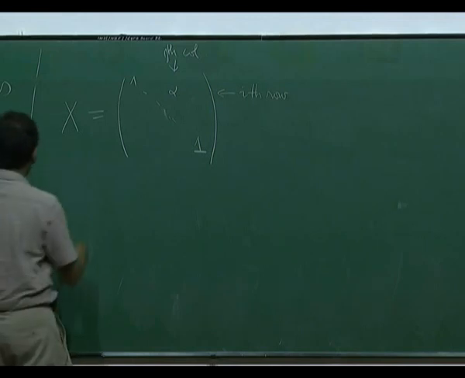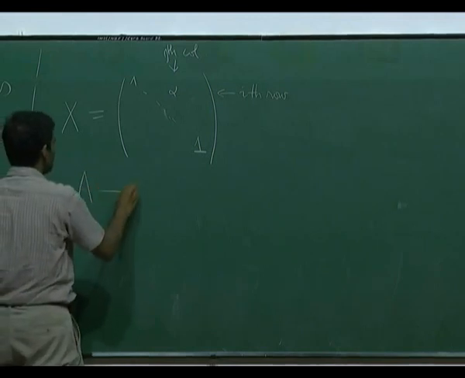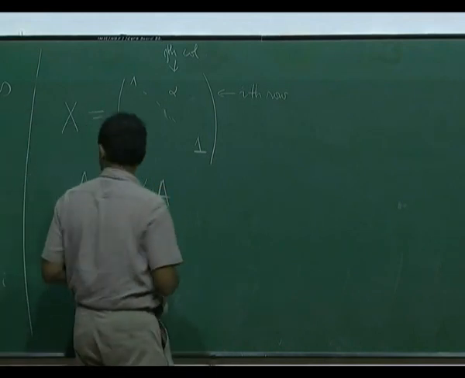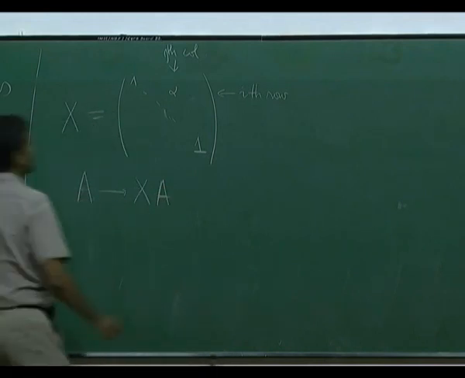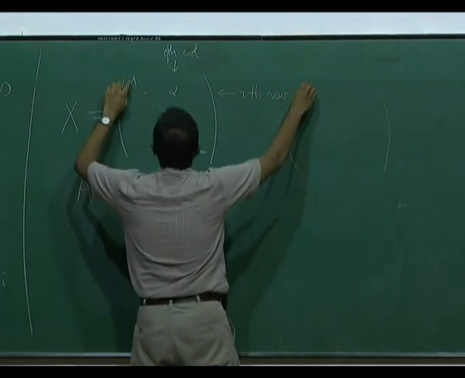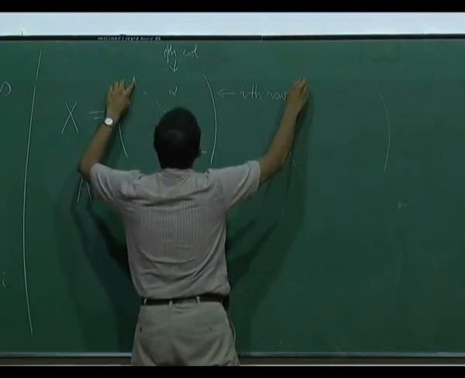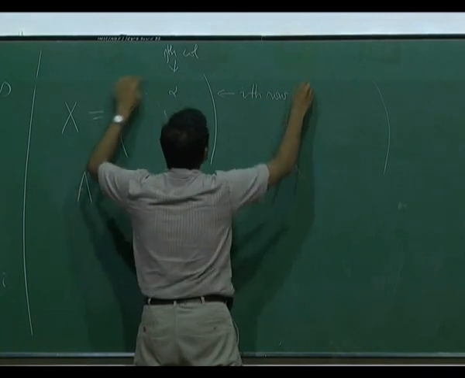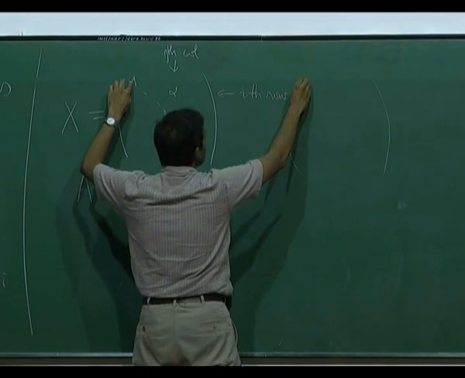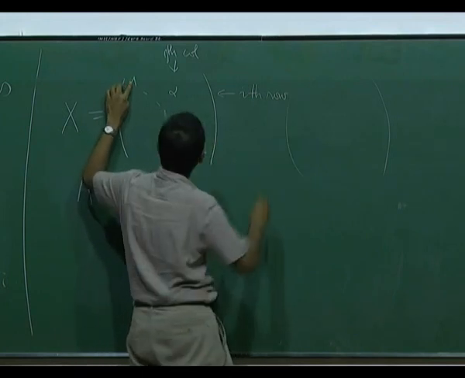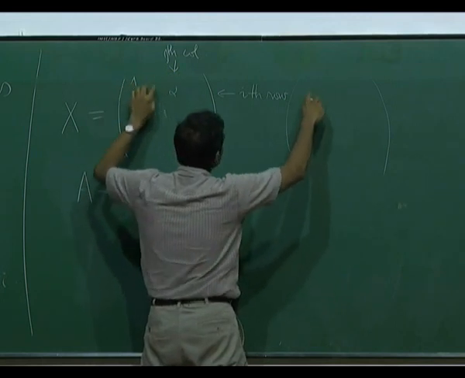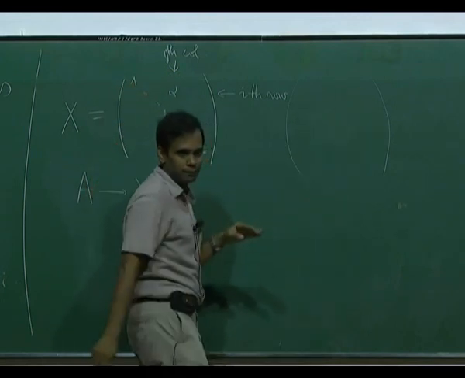Now if you take A goes to XA, what is happening? If you think about it, you have your matrix X written down here, and if you take a row where this alpha does not occur, then when you are multiplying it, you will just write the same entries again. So those rows will remain the same.